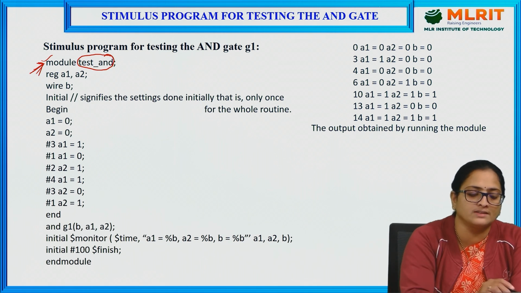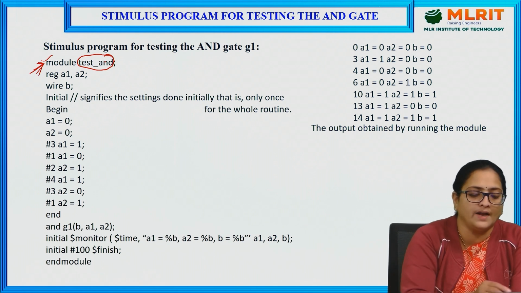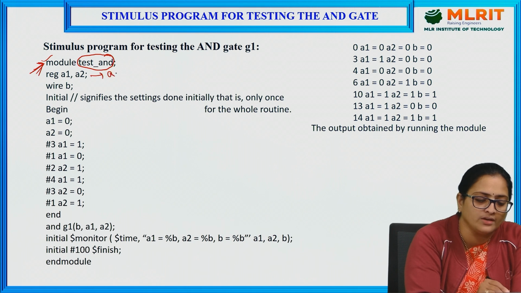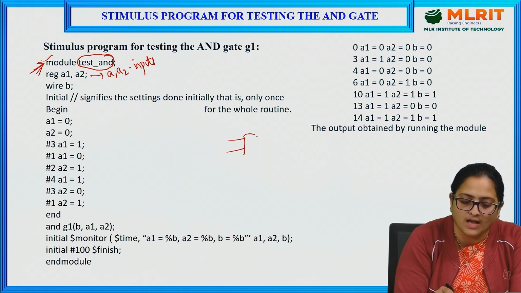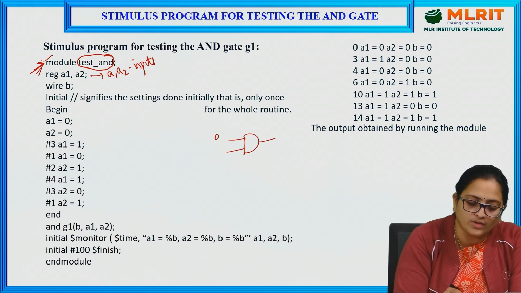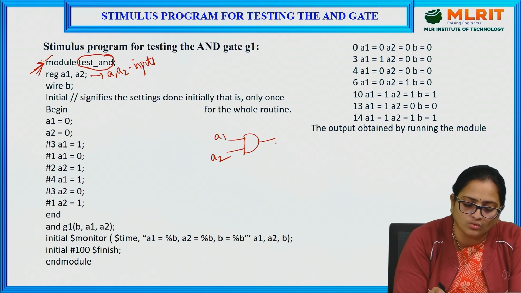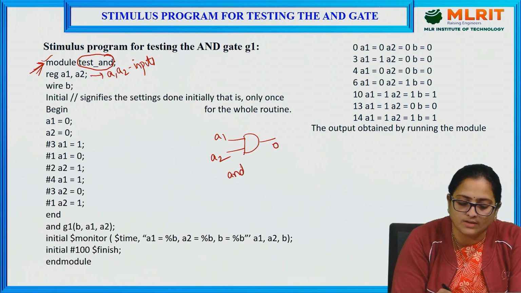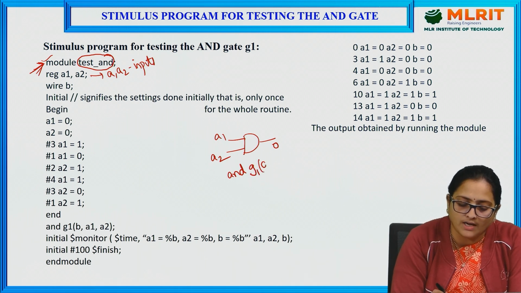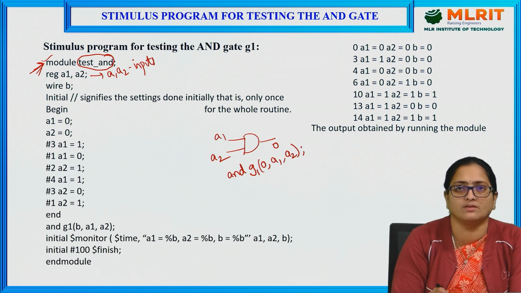We are testing the AND primitive, and here A1, A2 are the inputs to an AND gate. This is an AND gate symbol with inputs A1, A2 and output O. This AND gate is readily available as a primitive with gate name G1 and the output port followed by the input ports. This is how we can use a primitive.